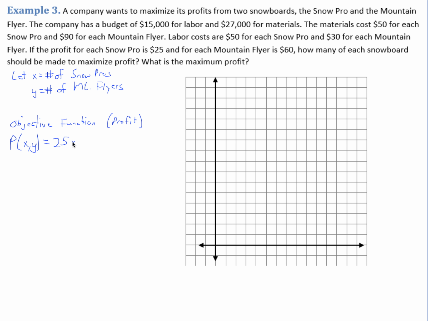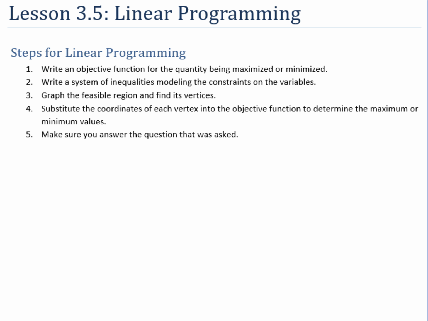If there's 100, it'll be 25 times 100. So our profit would be 25x, that's the money made on the Snow Pros, plus 60y. That's the amount made on the Mountain Flyers. So we came up with our objective function. So really before we did that, we even defined our variables, which was necessary to do.